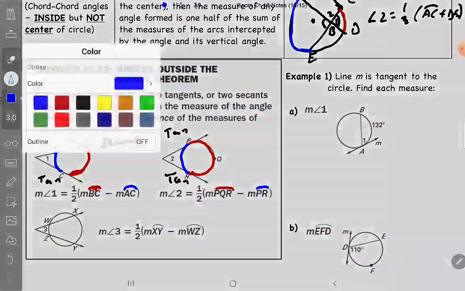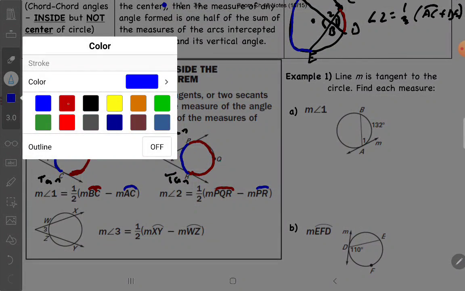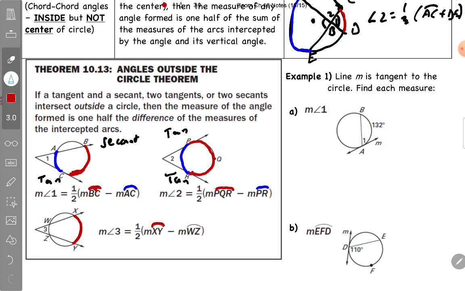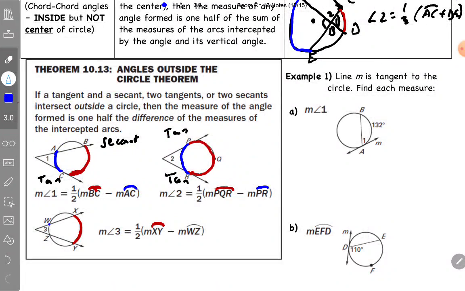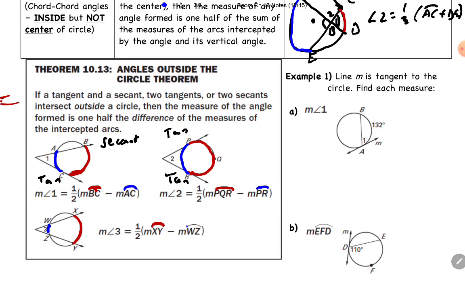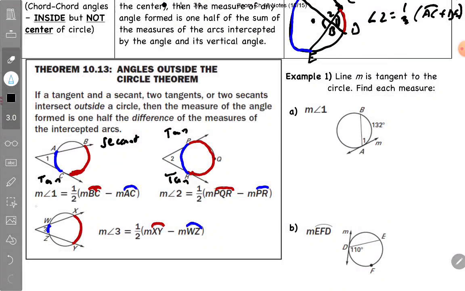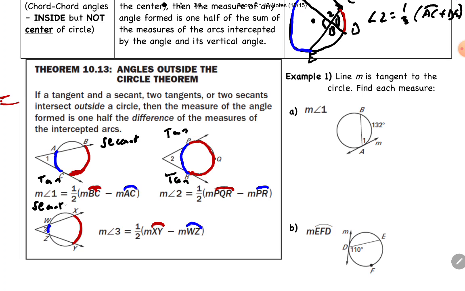Or we can have two secants, and once again, 1/2 of red minus blue.